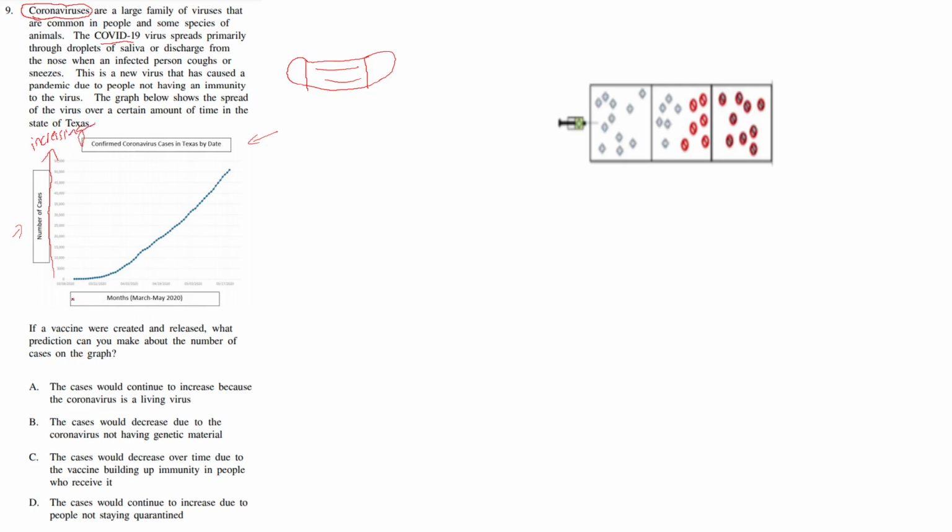Okay. On the x-axis over here, we have months. So this is kind of a time graph, which is increasing in this direction. Right? So as we get later and later, months pass, we move this way on the x-axis. So looking at this, we can see what happened over time. Early on, low number of cases, right?